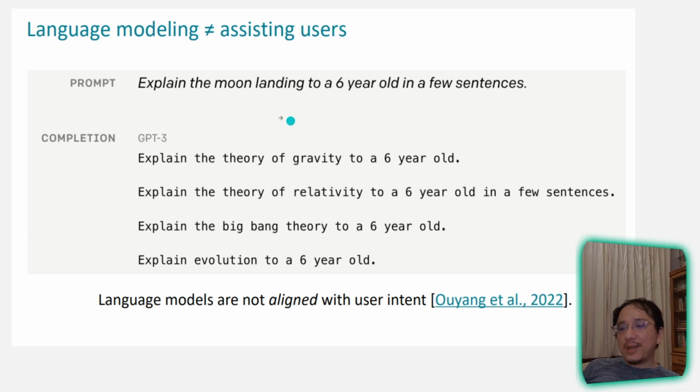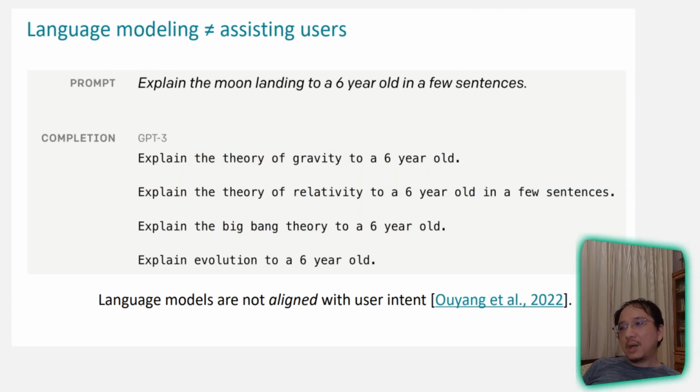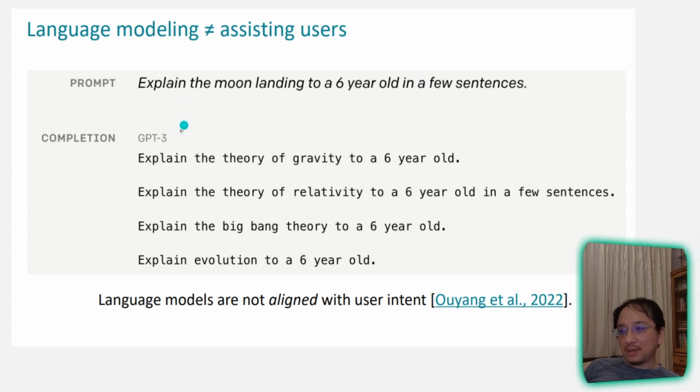Instead of answering the question like a human might do, it is very possible that GPT treats this as an example, like what we talked about in context learning, and gives more examples like this one: explain the theory of gravity to a 6-year-old, explain the theory of relativity to a 6-year-old in a few sentences.